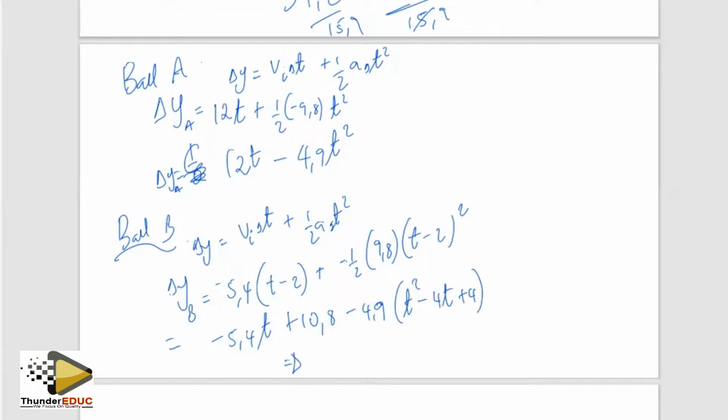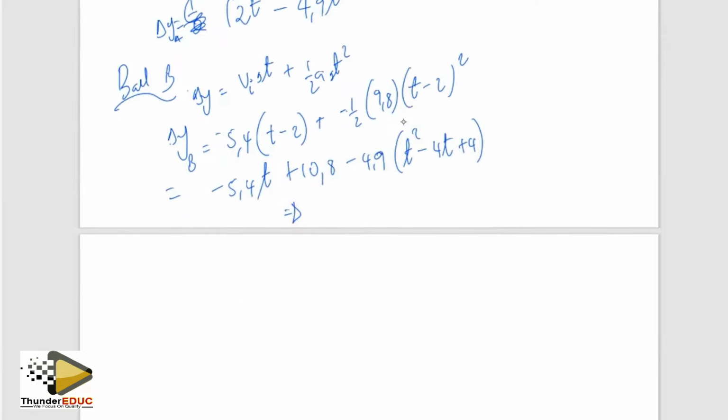Let me simplify this before I can equate the two. Negative 5.4t plus 10.8 minus 4.9t squared plus 19.6t minus 19.6.